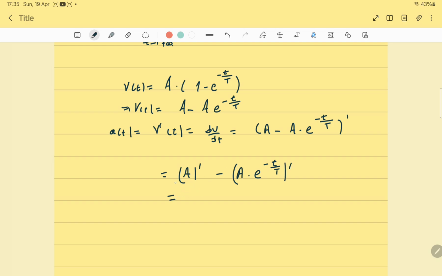This is a constant, so the derivative of this constant function is going to be 0.